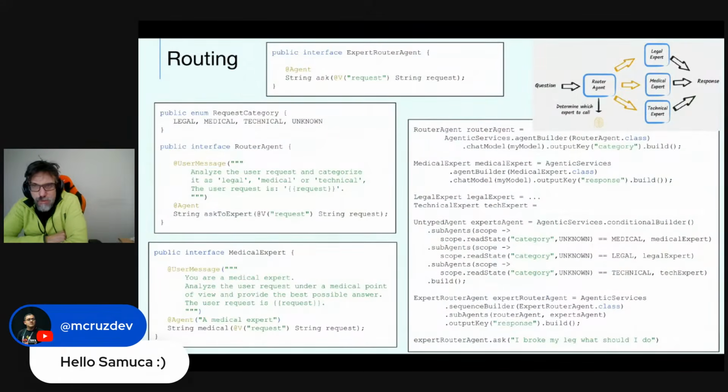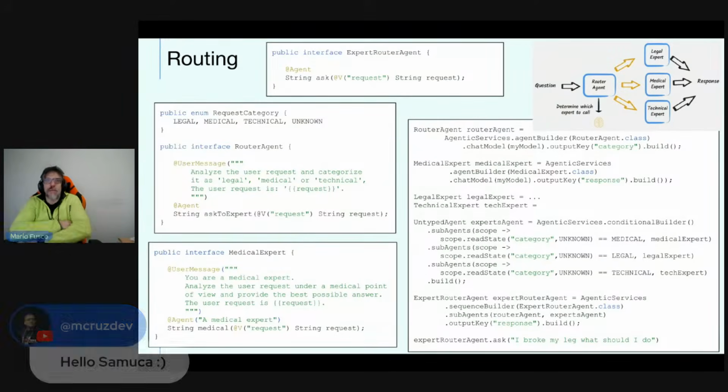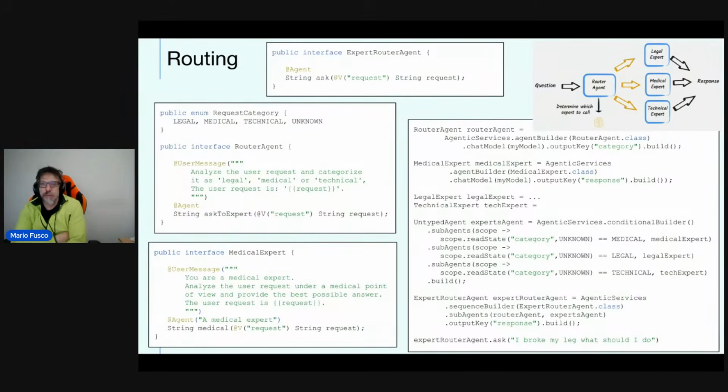And this is an example of the fourth pattern. This is also quite typical. I have three experts here: a legal expert, a medical expert, and a technical expert. And my system can be queried about any of these three topics.